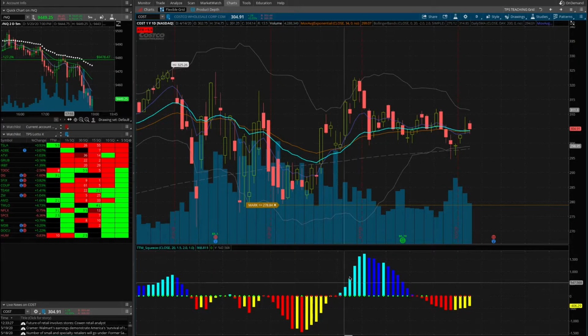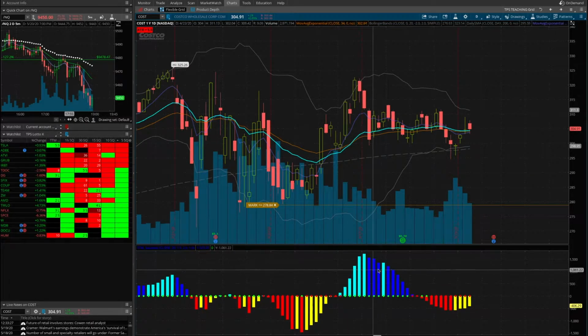You'll see these colored histograms going up and down. This just represents momentum. Down for red, yellow is still negative but returning positive. Light blue is positive momentum, and dark blue is waning momentum in the positive sector.